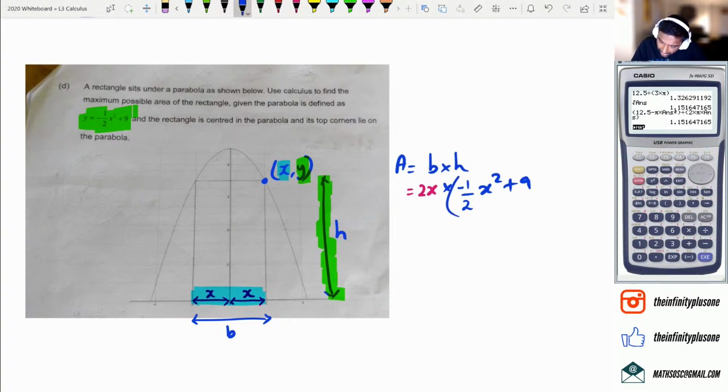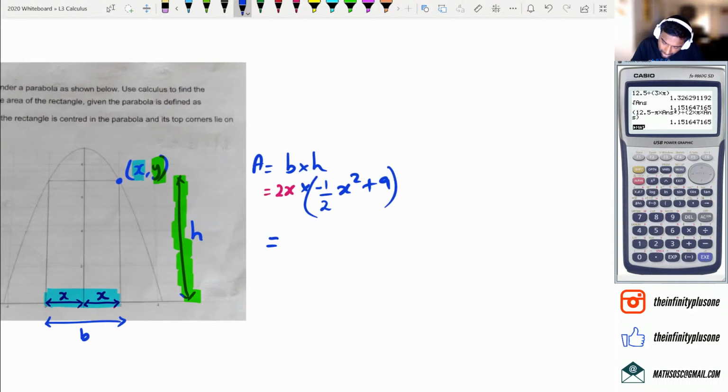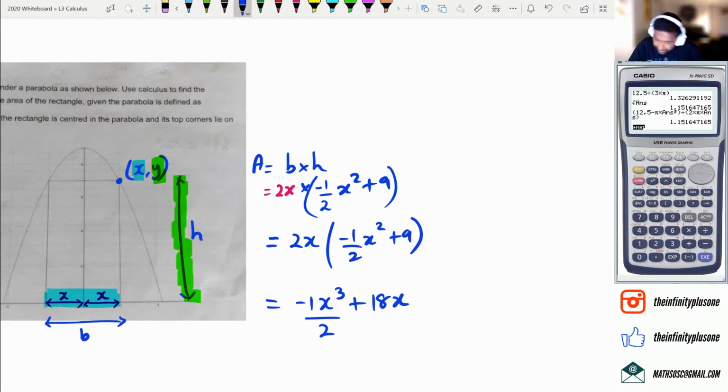Once you have that sorted out, expand the brackets. We're going to get negative 1x cubed over 2 plus 18x.